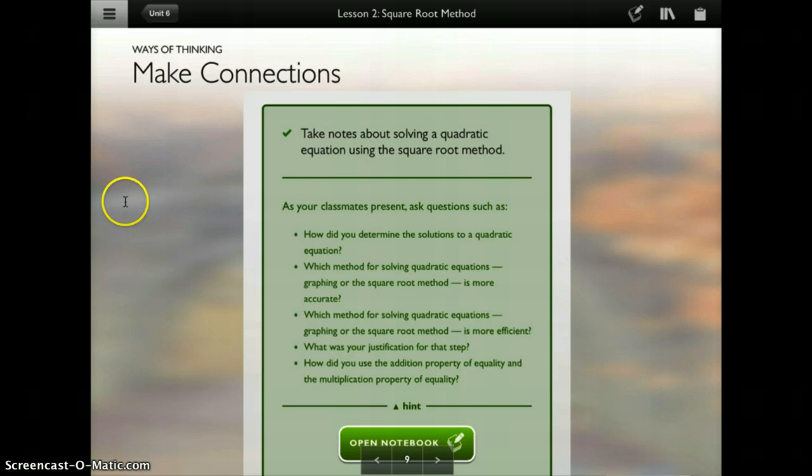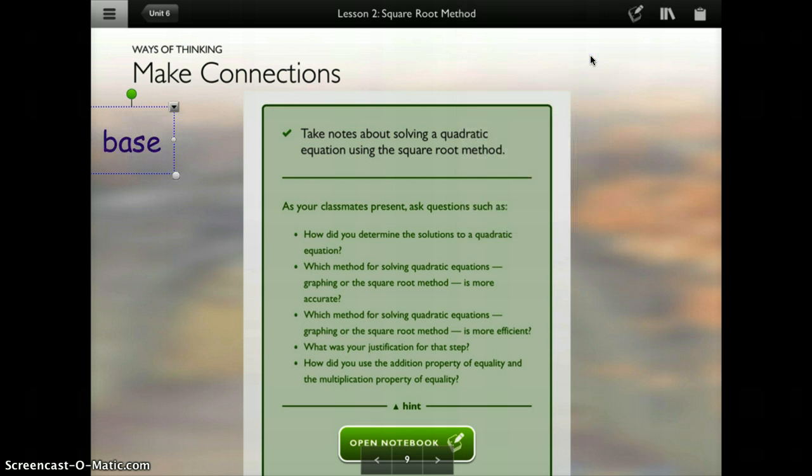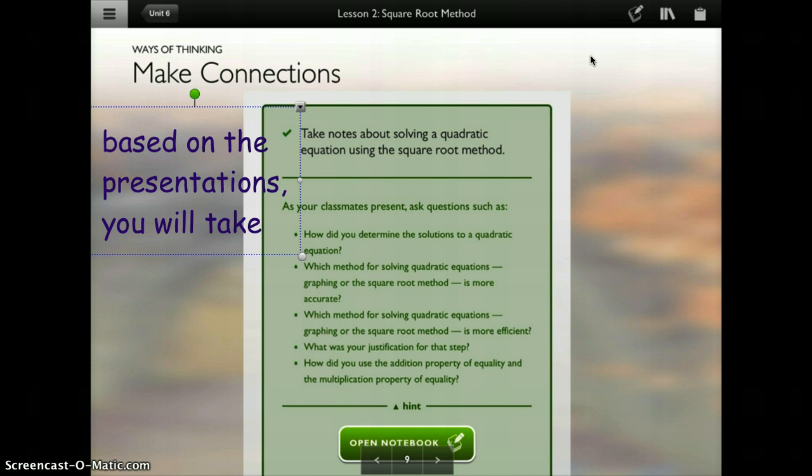So for slide number 9, let's change the color because it's actually kind of difficult to see. Based on the presentations, you will take notes on this slide.